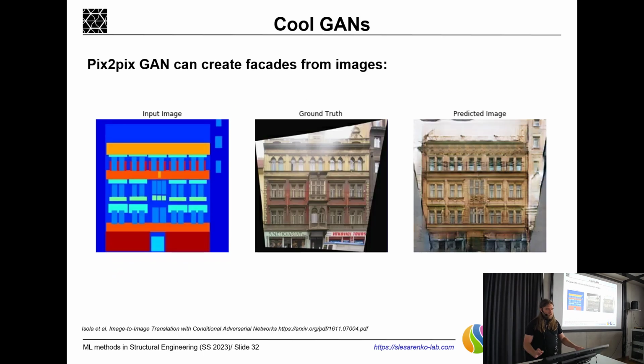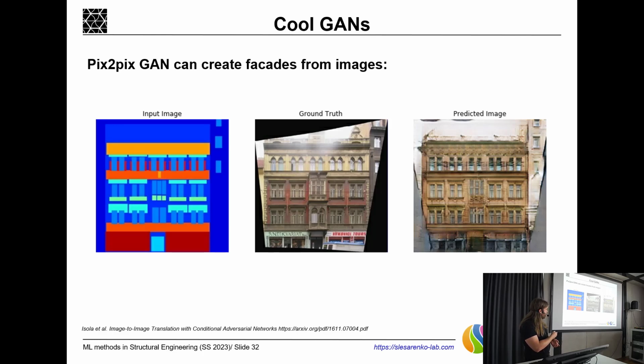Okay, and the third one is Pix2Pix, and this can do something also quite cool. From very simple conceptual images, it can generate real images. In this case, facades: you can just take some colored blocks here, and it will draw correlating features in the architecture.